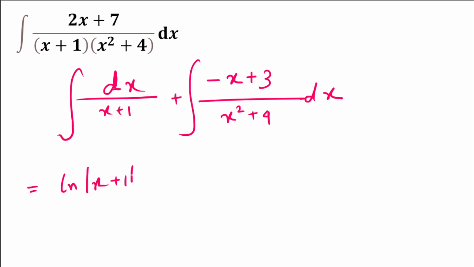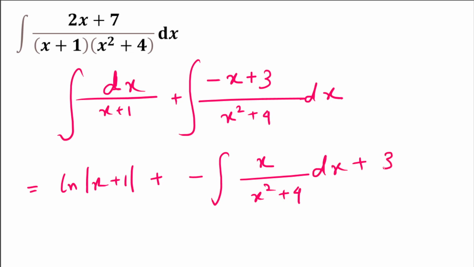This is very straightforward. We will not write the constant term right away because we will consolidate all the constant terms into one later on. Now what is this? Here we will write it as x by x square plus 4 dx, right? And here we'll have 3 dx by x square plus 4. Now we will have to worry about this particular term here. In order to do that, it is very simple.